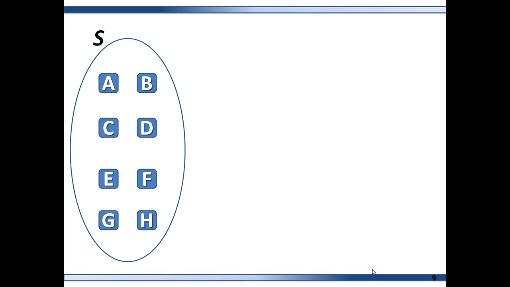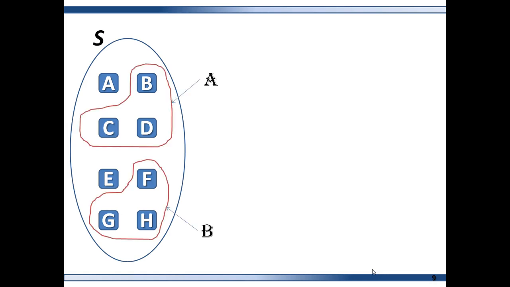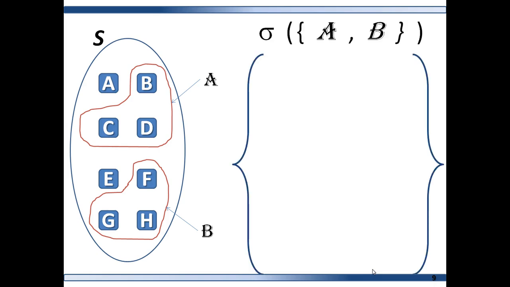Here's an example. We can partition S, in this case, based on identifying two subsets. Subset A consists of elements B, C, and D, and subset B consists of elements F, G, and H. So you're ready to create the sigma algebra with subset A and subset B. You start by putting in the first element in the sigma algebra, the universal set, and that's rule number 1.